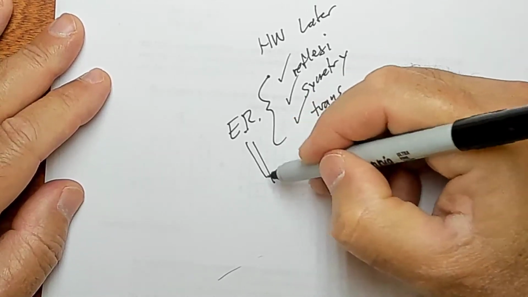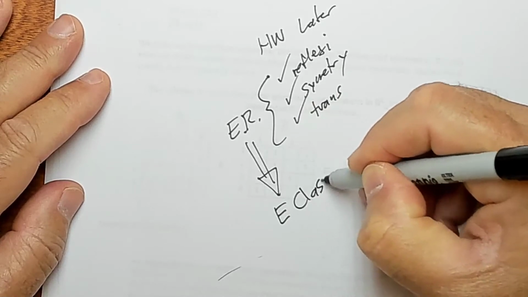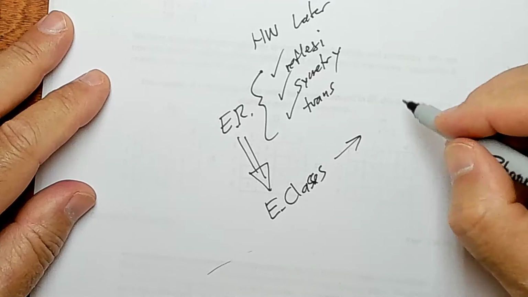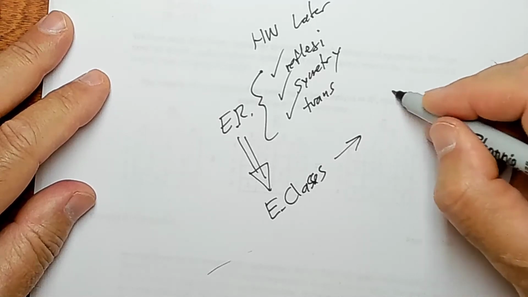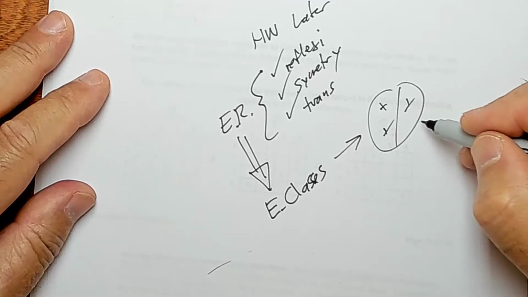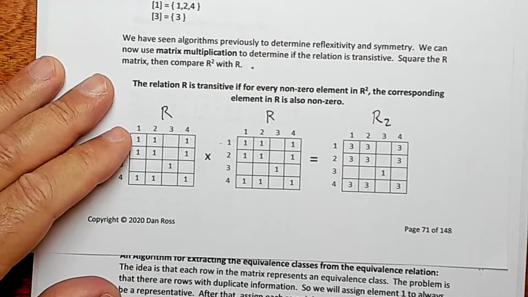And if it's an equivalence relation, then there are equivalence classes. I want you to find the partition and find their representatives. That's where we're going.